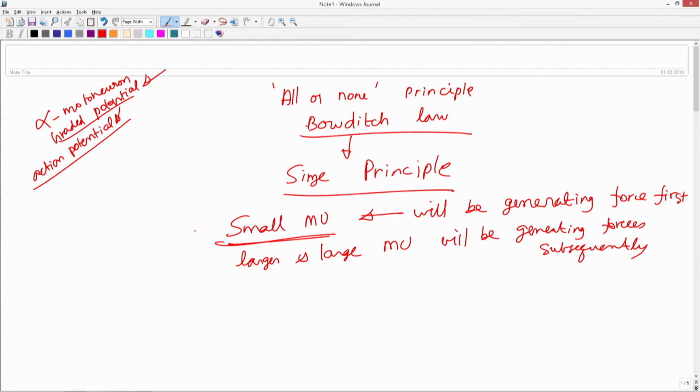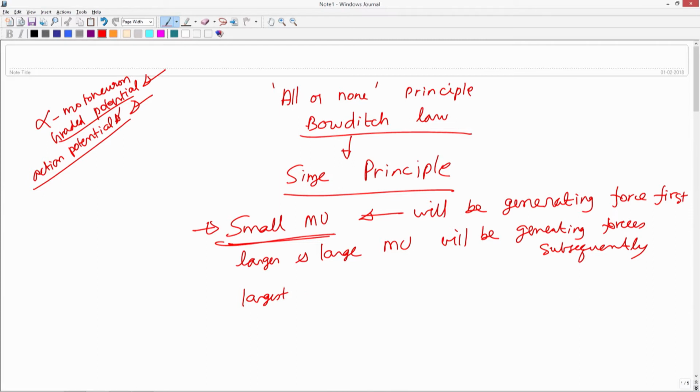Okay. But the first small motor neuron is going to still be active because its action potential is lesser than the graded potential. So, this has to be fatigue resistant, it has to be there in action for a longer time. Therefore, this has to be fatigue resistant. Okay.